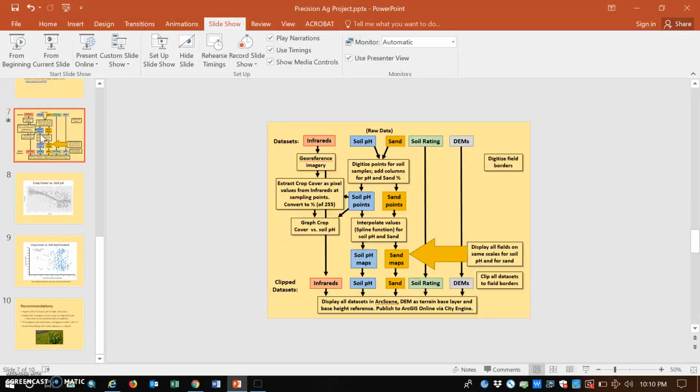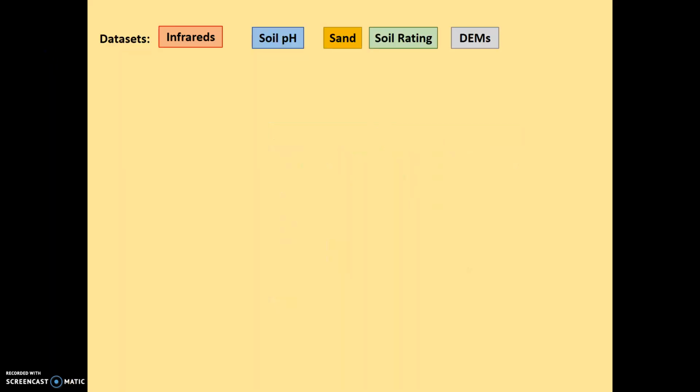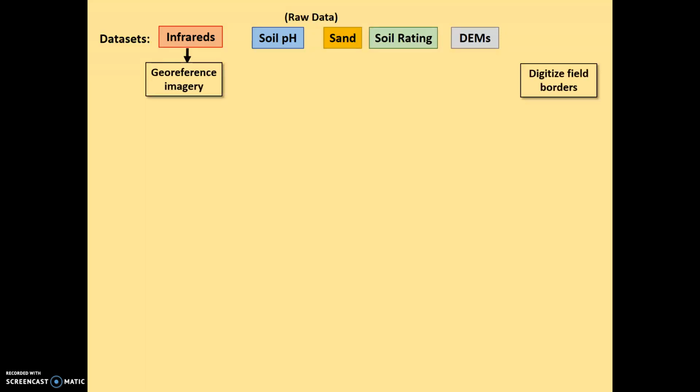My methods had these 5 data sets: infrared, soil pH, sand, soil rating, and DEMs. The soil pH is raw data, and then I georeferenced the infrared imagery and digitized field borders.